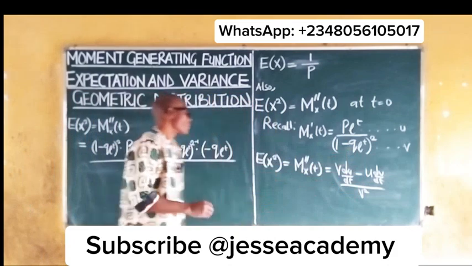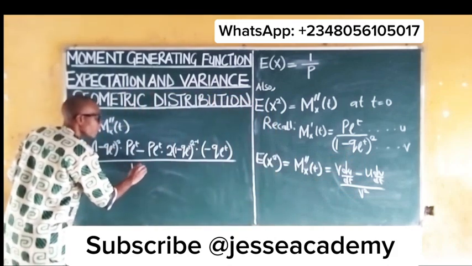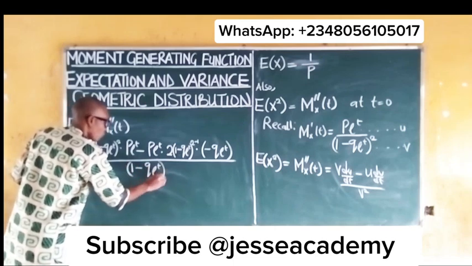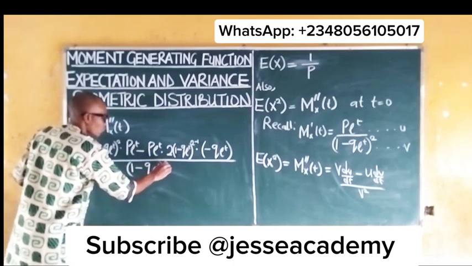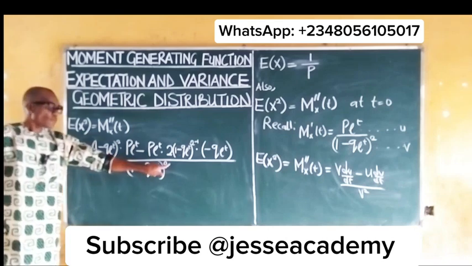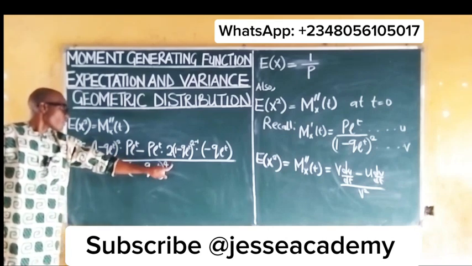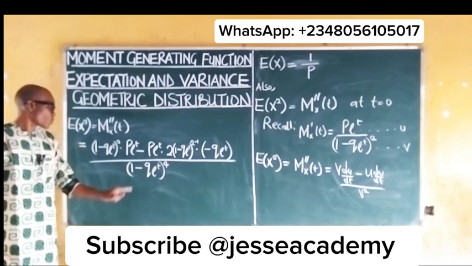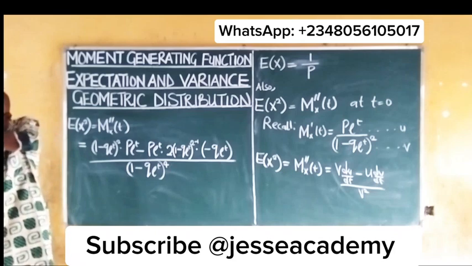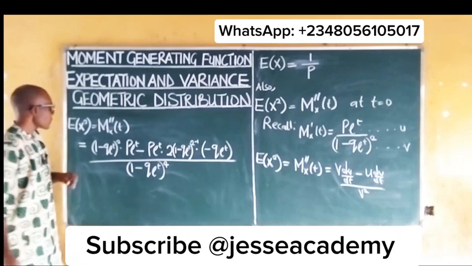This is our v, so we have (1 minus q e^t) squared already here. If we square it, we get (1 minus q e^t) raised to the power of 4. That is what we get.